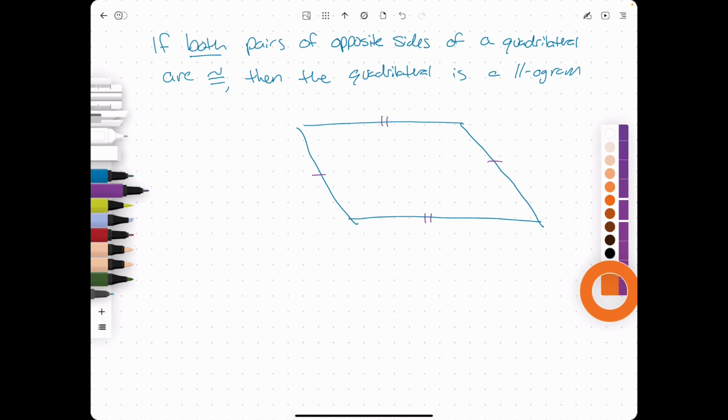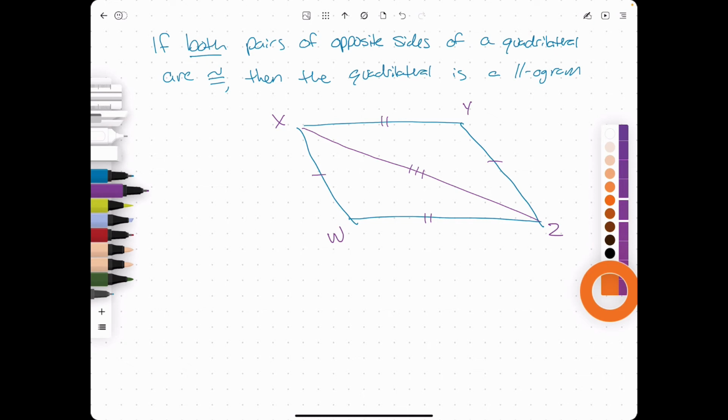So in my proof I could say, draw the diagonal XZ. I'm going to label this real quick. It's equal to itself. We know that side is congruent to itself, and we have two other pairs of congruent sides.